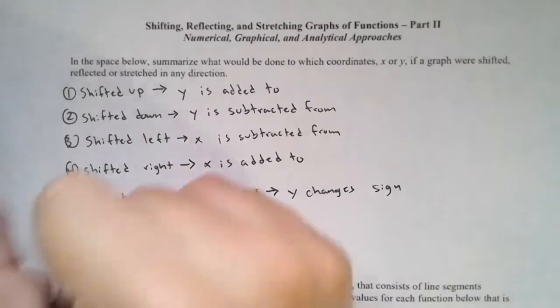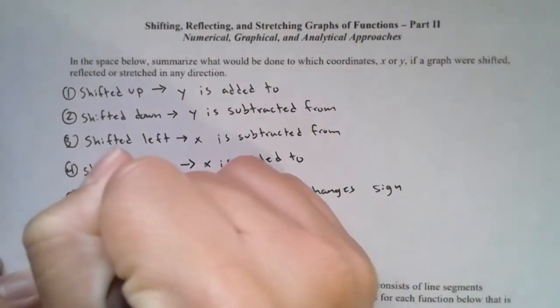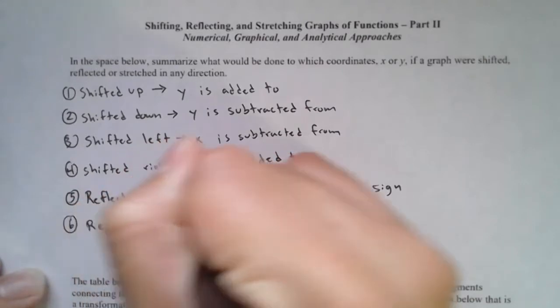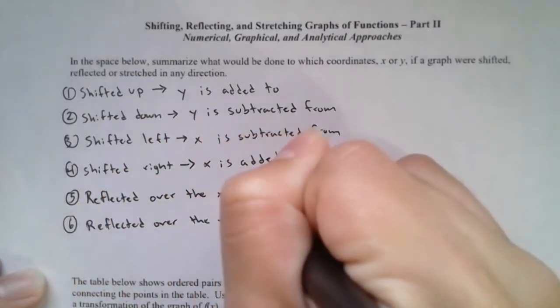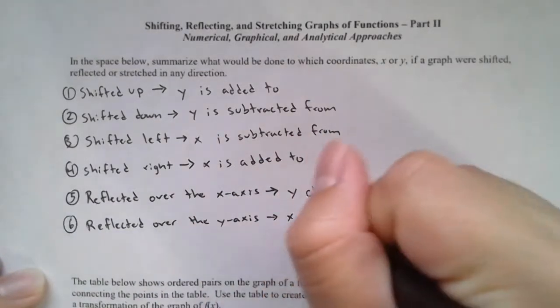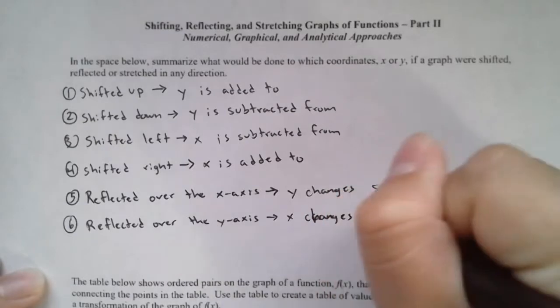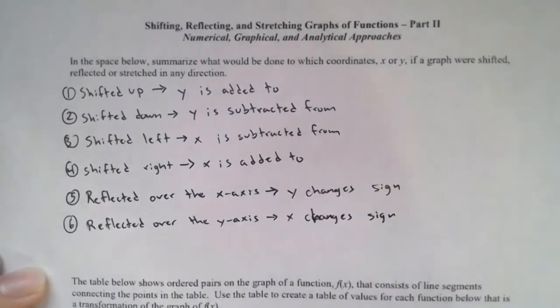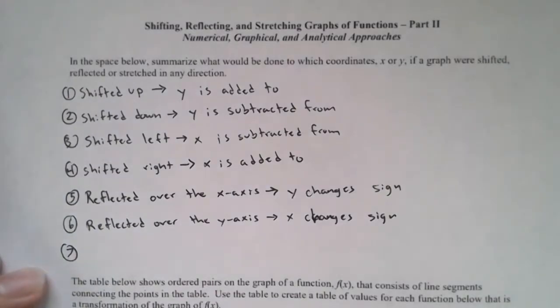If you reflect it over the y-axis, okay, your x changes sign. And then finally you have the vertical stretches or compressions.